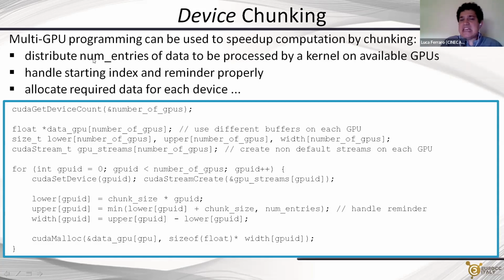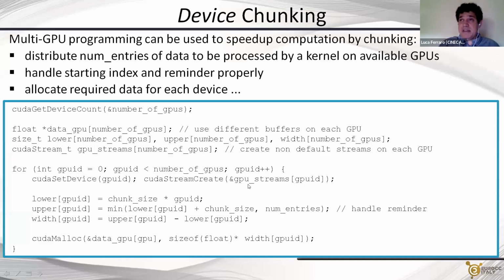Okay, so this is a very easy task, which can be solved with this simple loop. For example, you have some data, and you declare some streams, one stream on each GPU. Here you set the device and create a stream on that device.